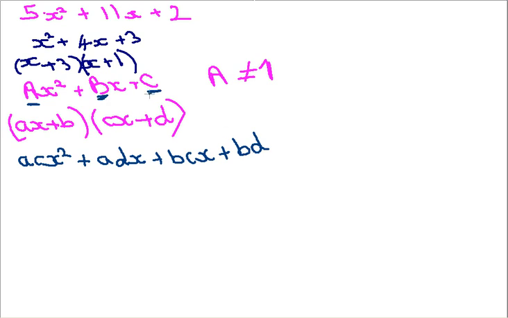Now, we have to find a, b, c, and d. Instead of going straight for a, b, c, d, we'll go for something a bit easier than that. Let x equal ad, and y equal bc.